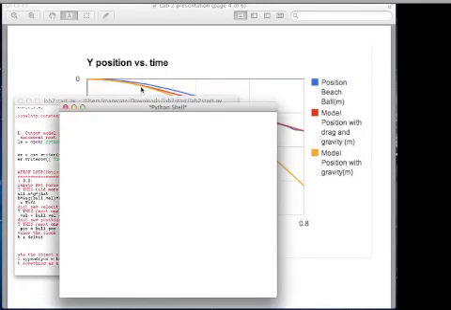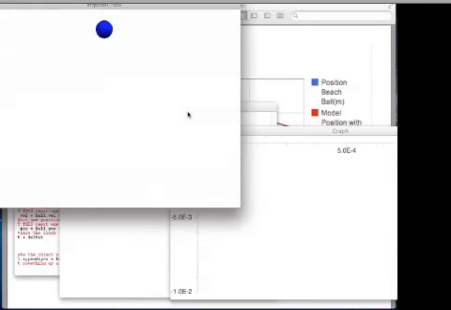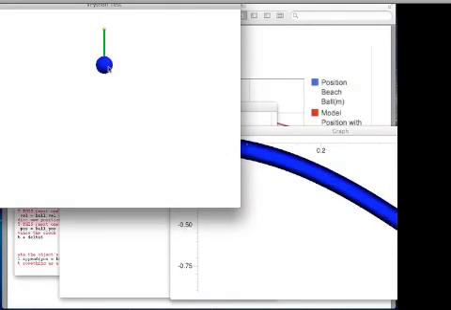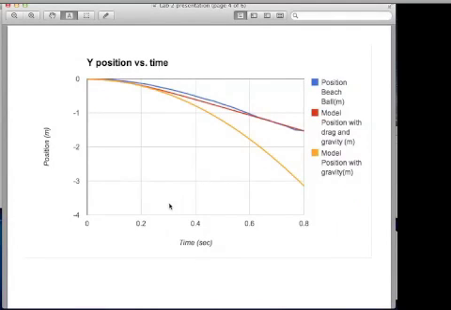When the model runs, the motion appears generally correct, as the ball does fall in the negative y direction. So as you can see here, it's falling. From here, the model data was compared with the experimental data to see if it's a good representation of the forces involved.